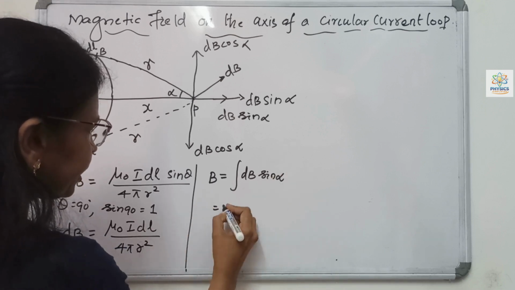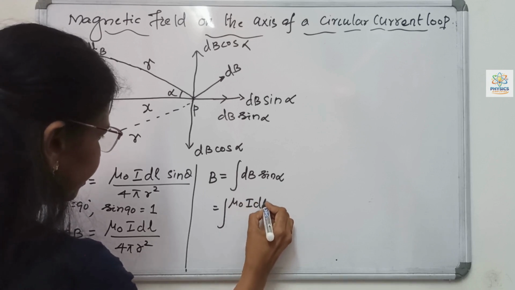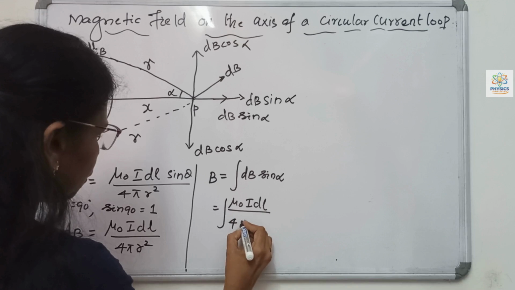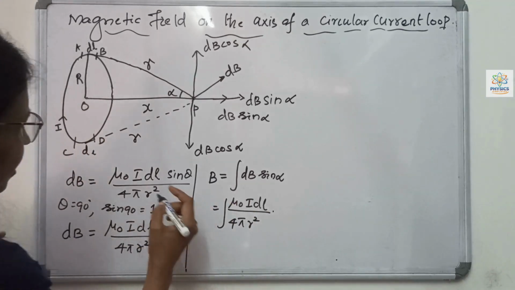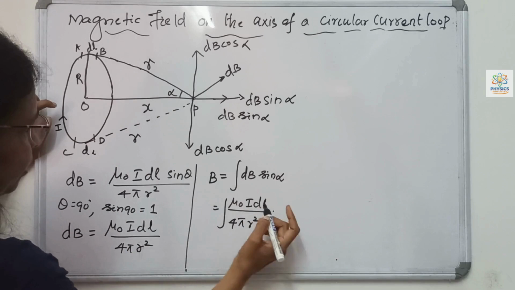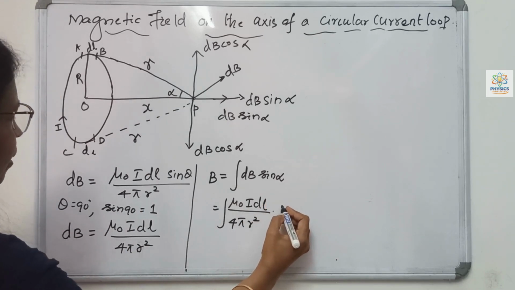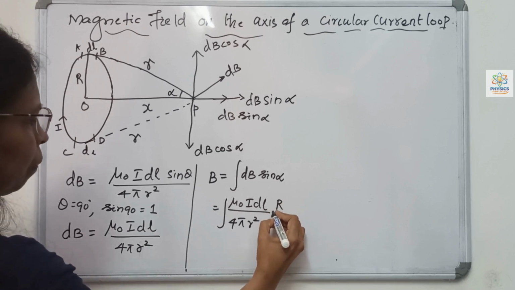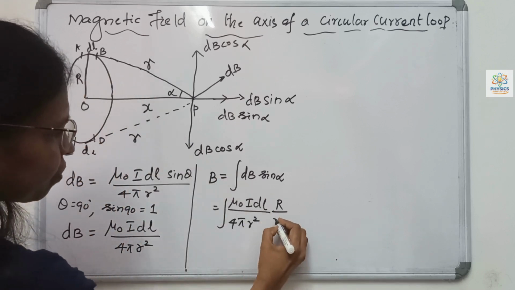Here we can write integral mu 0 I dl by 4 pi r square into, if we consider this as a right angle triangle, then the value of sin alpha is equal to opposite side by hypotenuse, that is R by r.